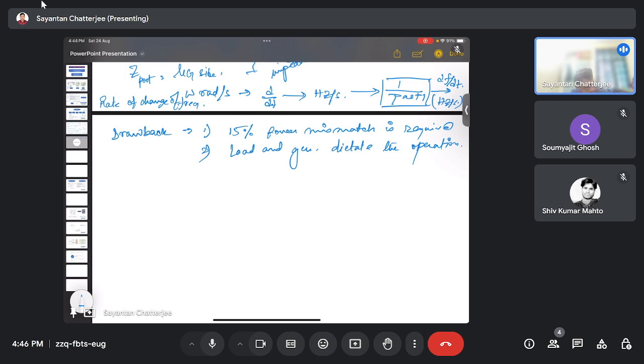There is also another technique, ROCPA, rate of change of phase angle. In the rate of change of phase angle, we observe del theta divided by del t, and the rate of change of frequency we have already discussed, del f by del t.